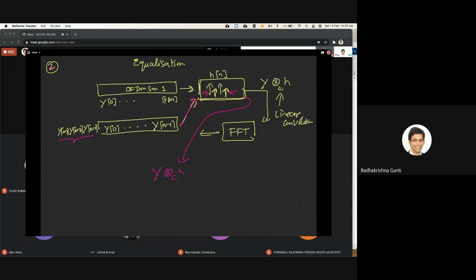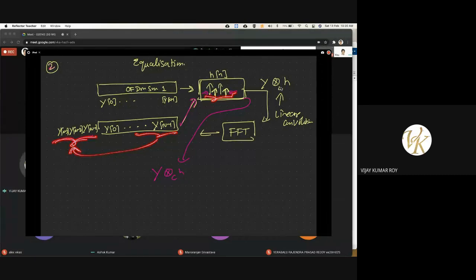You can check this out. This is exactly what I told before. To convert linear convolution to circular convolution, all you have to do is repeat the samples, and the repetition length, the number of samples you repeat from the back to the front, should be at least as large as the number of taps you have in the time domain.